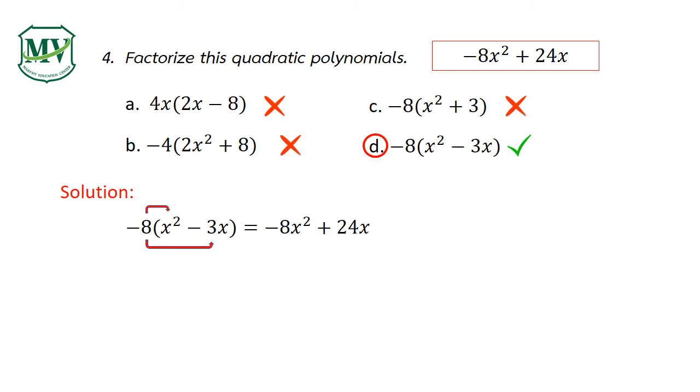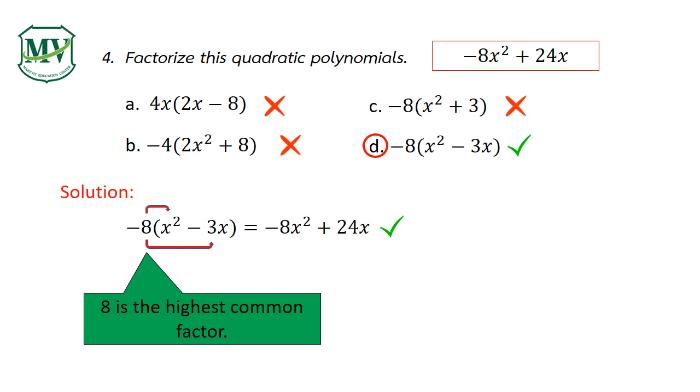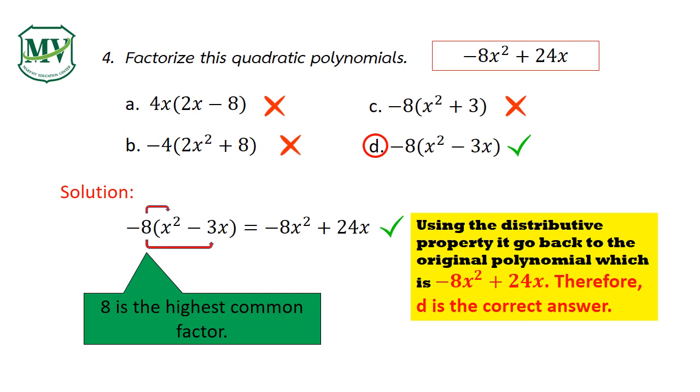So the answer is negative 8x squared plus 24x. So 8 is the highest common factor. Using the distributive property, it goes back to the original polynomial, which is negative 8x squared plus 24x. Therefore, D is the correct answer.